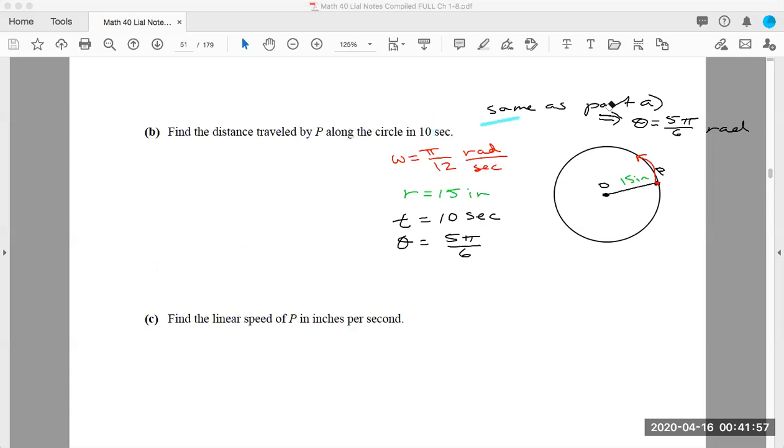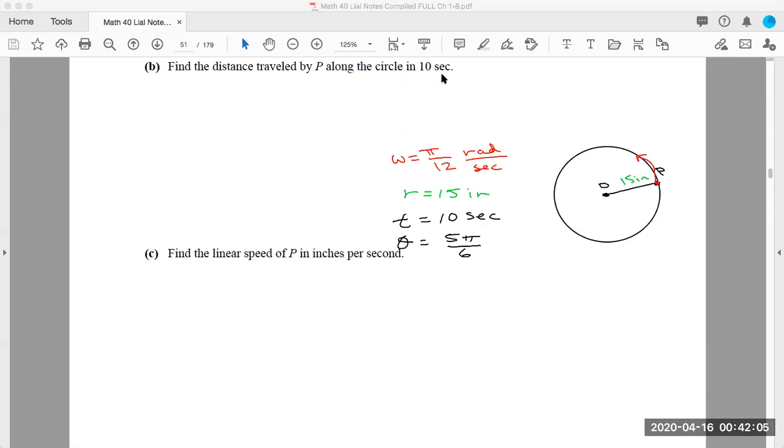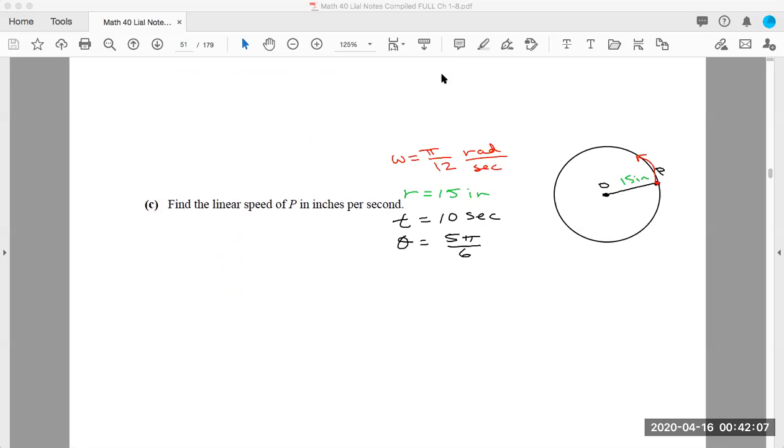So for part C, omega stays constant. R stays constant. Time we can use in one of our methods, but we don't have to. And we also do not need our theta right now.